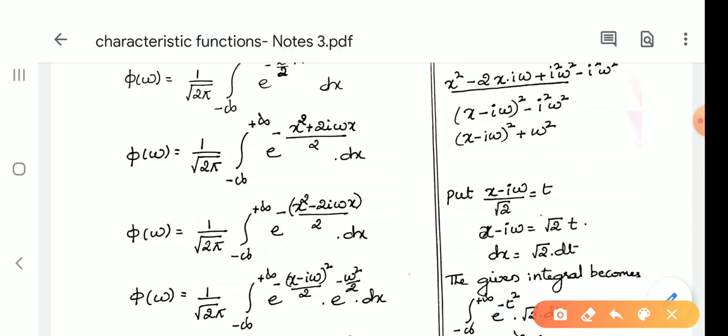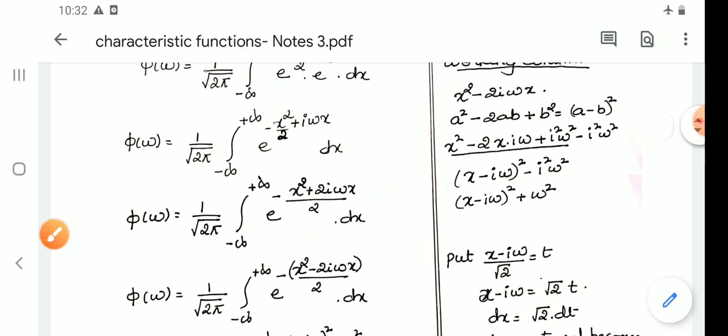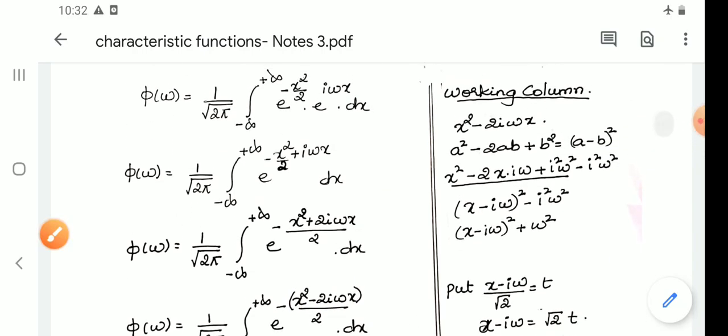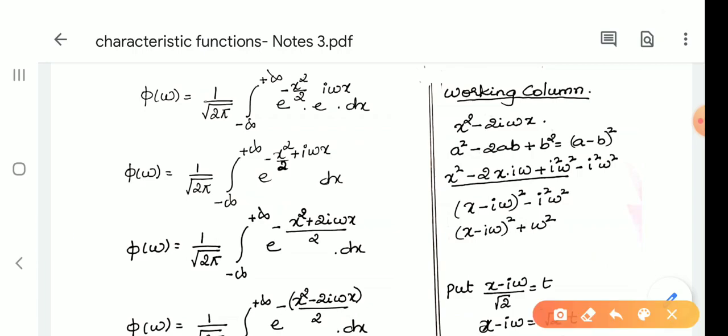To complete the squares, I'll consider the term which is inside the bracket, that is x square minus 2j omega x. Let us see now how to complete the square. When I consider this x square minus 2j omega x, we have to write it in the form a square minus 2ab plus b square, such that it can be written as (a minus b) whole square.